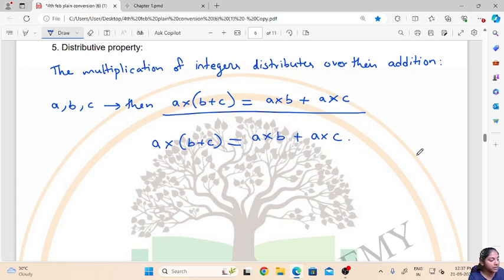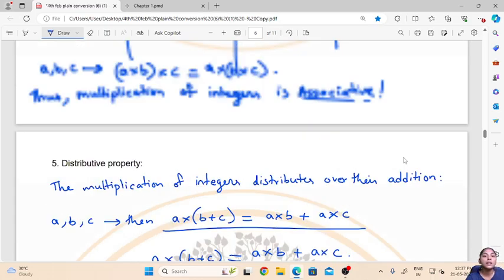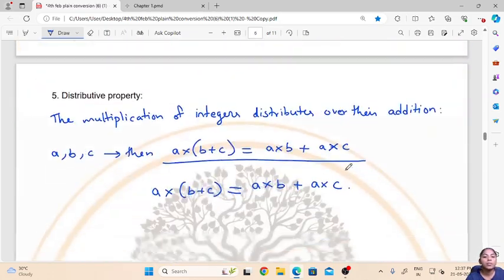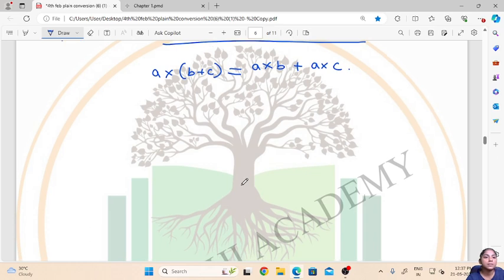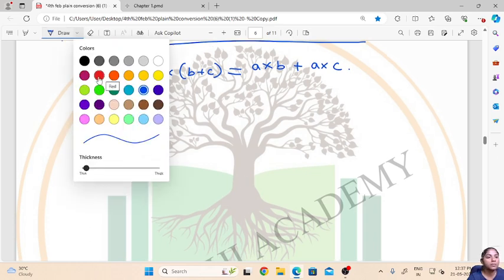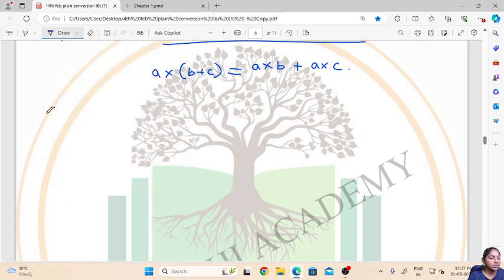So let us see some examples. We will create a table like this, because we have two expressions that we have to solve and see if we get the same answer. First we have our three integers a, b and c.